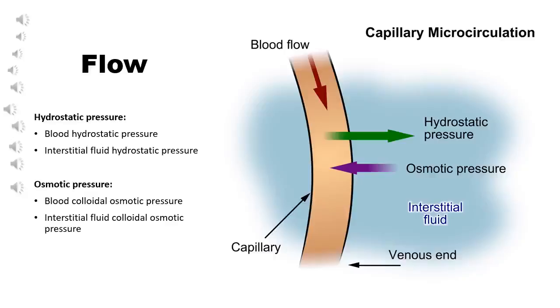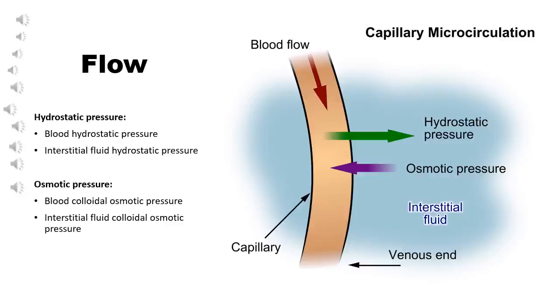So, we know that the hydrostatic pressure forces fluid out of the capillary, but osmotic pressure or oncotic pressure is going to pull that fluid back in. Oncotic pressure is determined by the osmotic concentration gradient. That is going to be the difference in the solute to water concentrations in the blood and the tissues, aka the protein concentration.